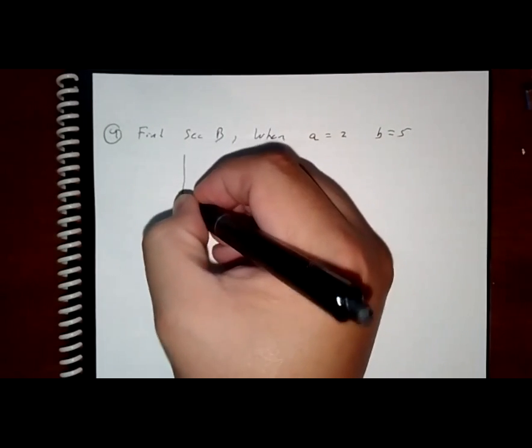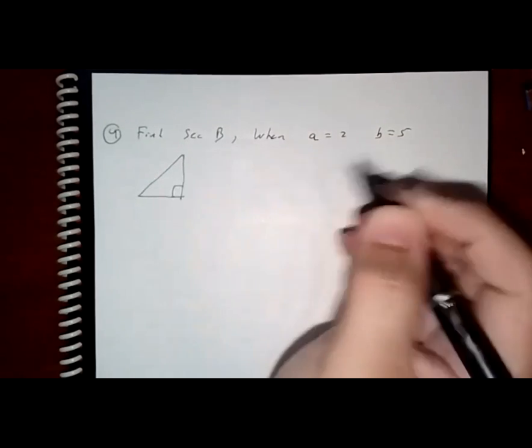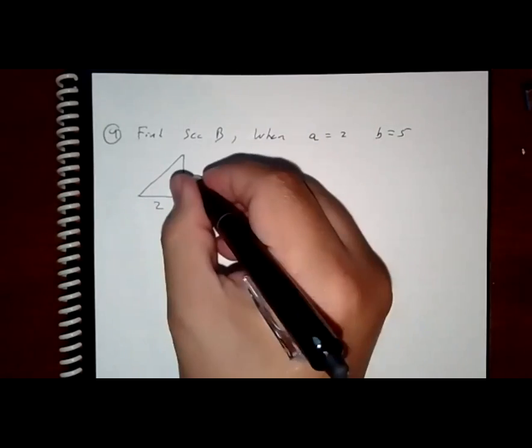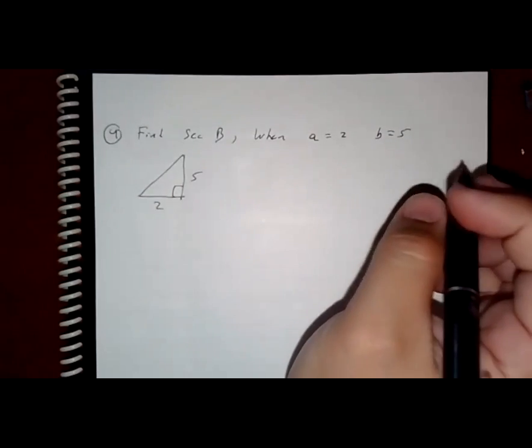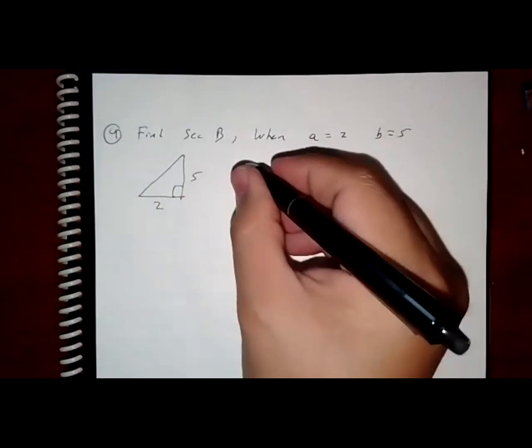It's a right triangle in the question. They told us that information. Got 2 and 5 as my sides. So A squared plus B squared equals C squared.